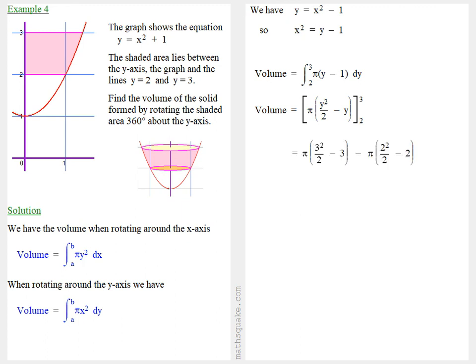And this gives us pi times (3 squared over 2 minus 3) minus pi times (2 squared over 2 minus 2), which is equal to pi times (4.5 minus 3) minus pi times (2 minus 2). And that works out to be 1.5 pi. So our volume is 1.5 pi.